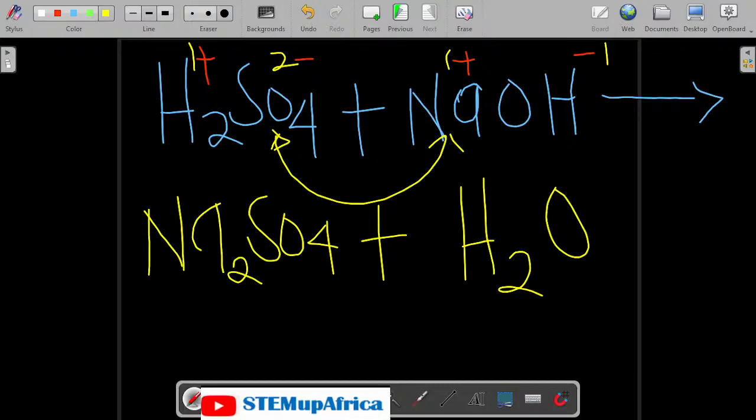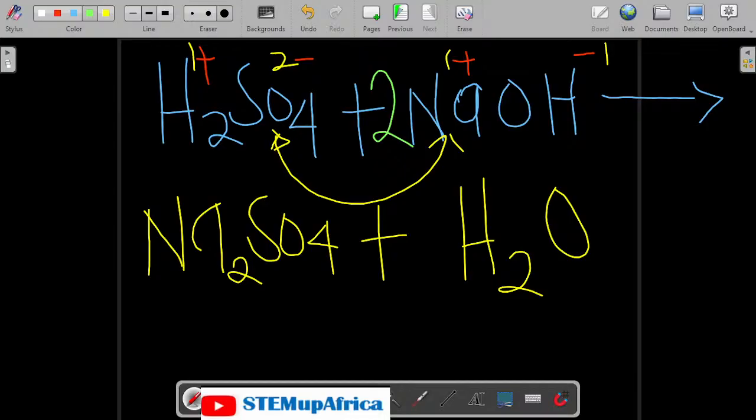So all we need to do is to balance this equation, because writing is not enough. We need to balance it. By balancing it, I have to consider the number of moles, or the number of atoms of each element. Like we go to the reactant, sodium is 1, the product is 2. To correct it, I will put 2 here in front of the sodium hydroxide. That means the 2 is affecting sodium, oxygen, and hydrogen.